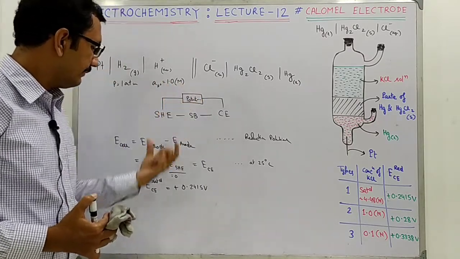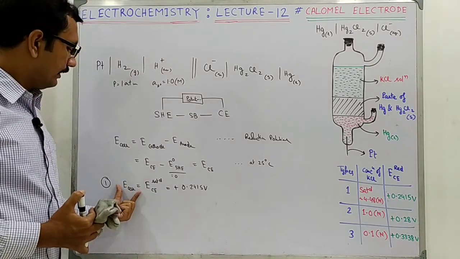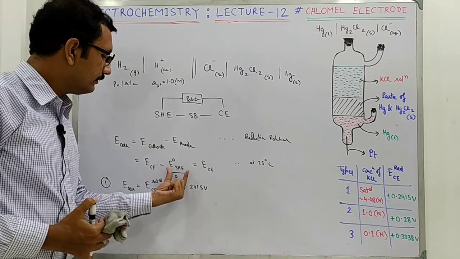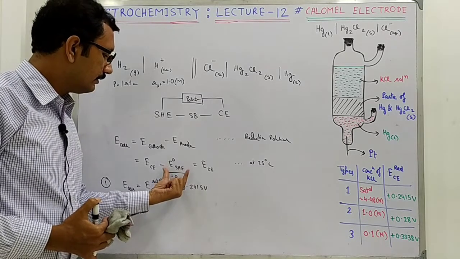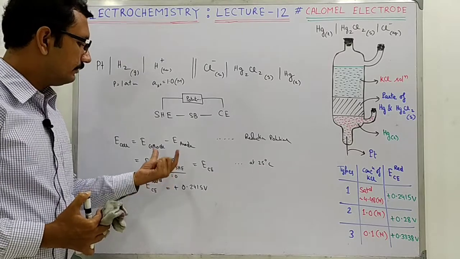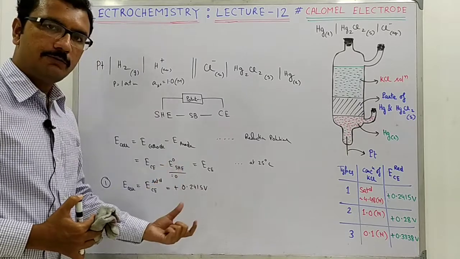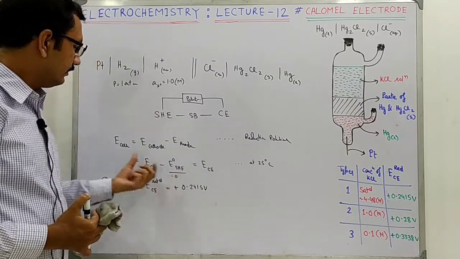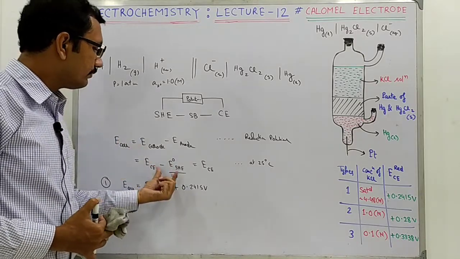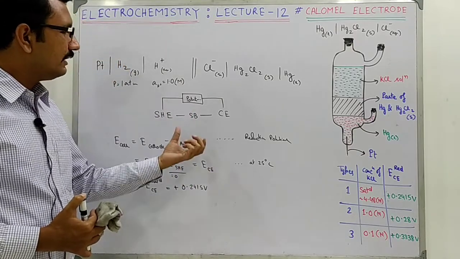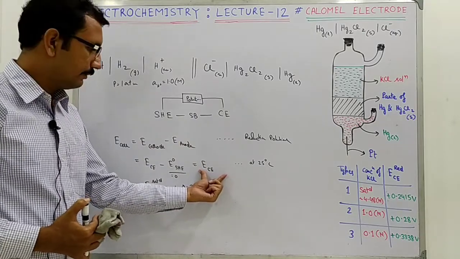Now, this potentiometer is giving you the electromotive force of the combined cell, and since in the previous lecture it has been considered that the electromotive force of standard hydrogen electrode is 0.0 volt, that is the convention, we have the expression derived as E cell equals E CE, that is the electromotive force of the cell will be the electromotive force of the calomel electrode.